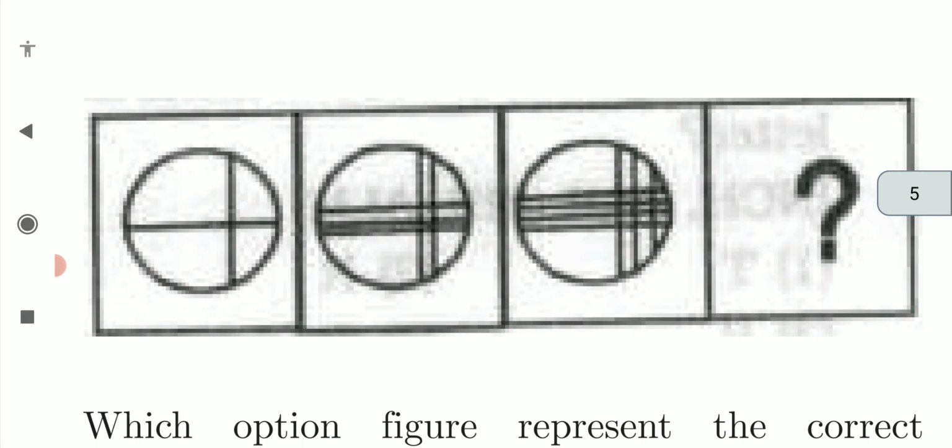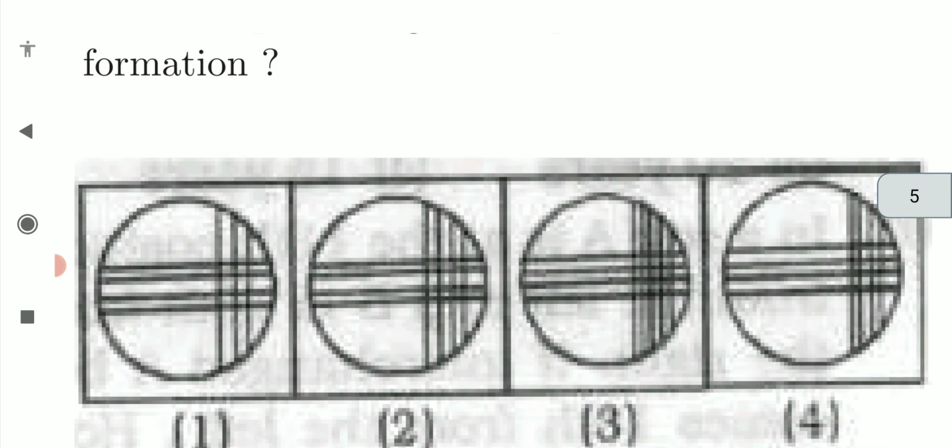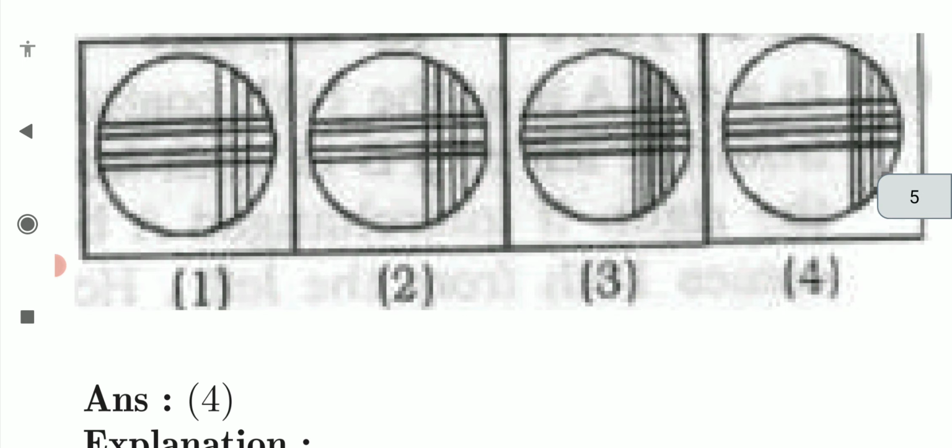For question 32, there is one vertical line and one horizontal line. If there is one extra vertical line, then there are two extra horizontal lines. In the third picture, one extra vertical line means there will be two extra horizontal lines. So what would be the next one they are asking?